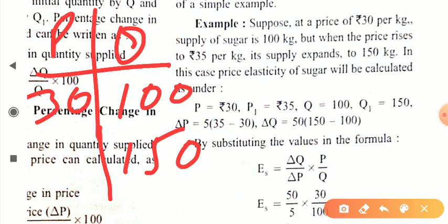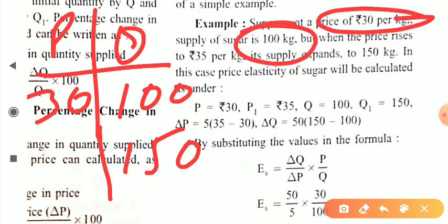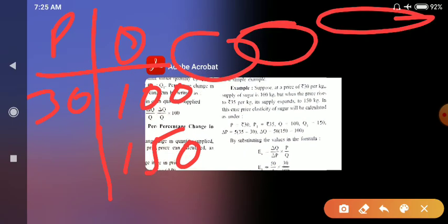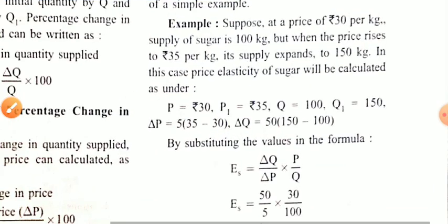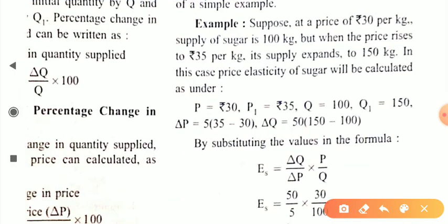Now you can see that when the price of sugar is 30, the quantity supplied is 100 kg. The price rises to rupees 35. I will repeat this.